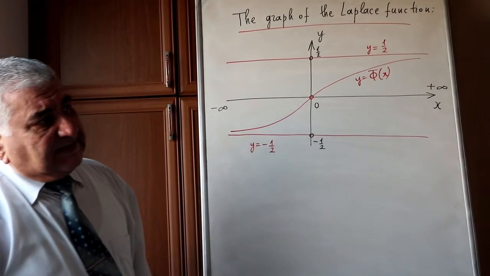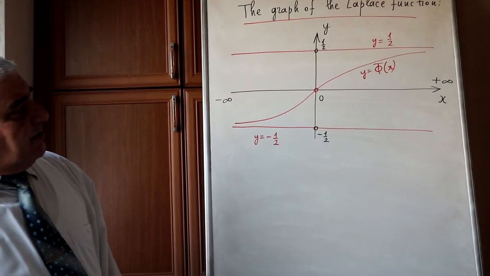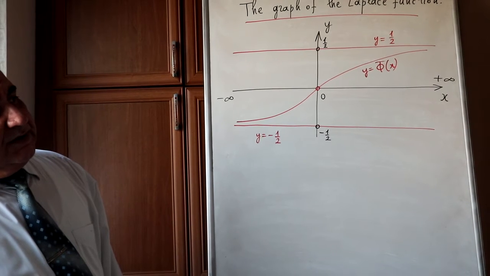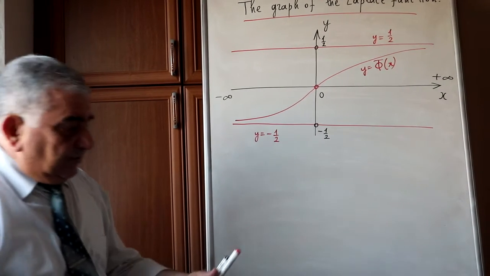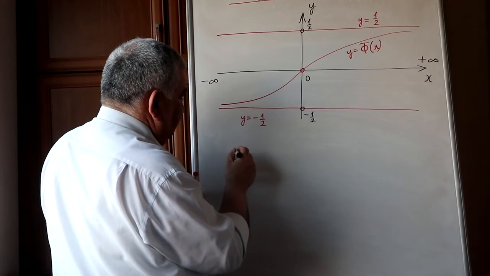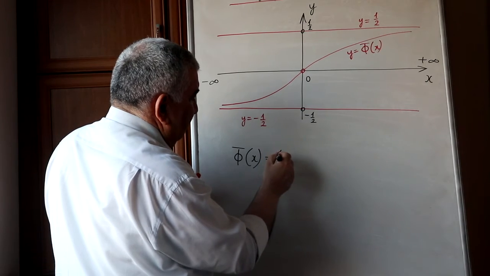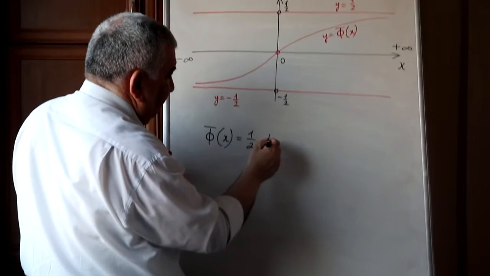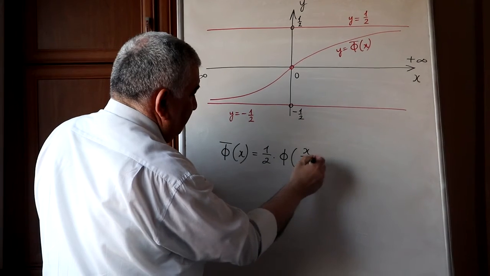Then express the Laplace function by means of the error integral. Already you know this formula. That phi bar of x is 1 second multiplied by phi of x over square root of 2.